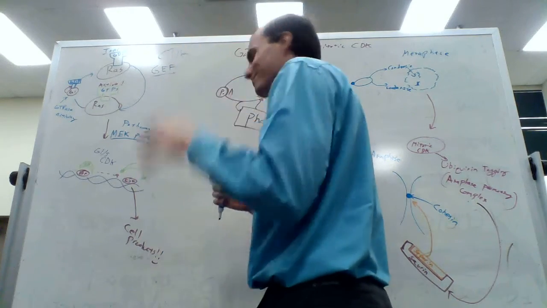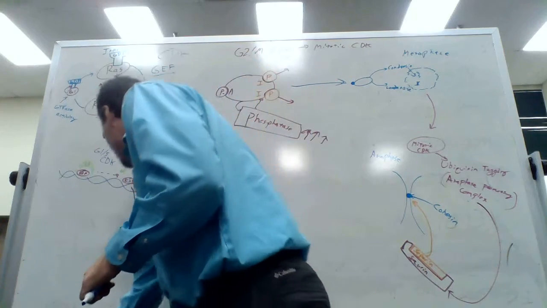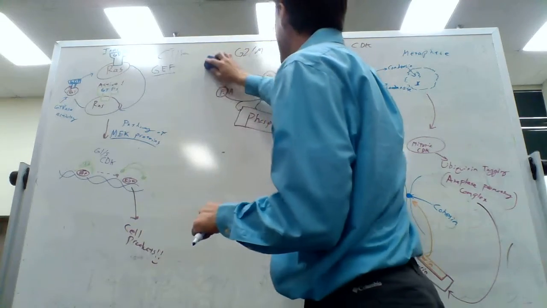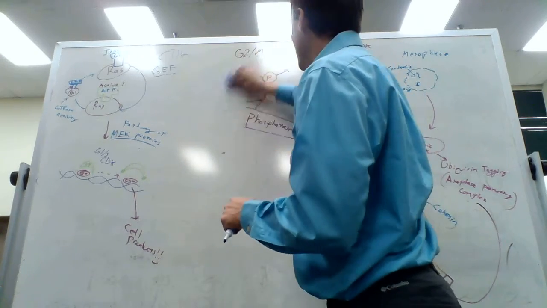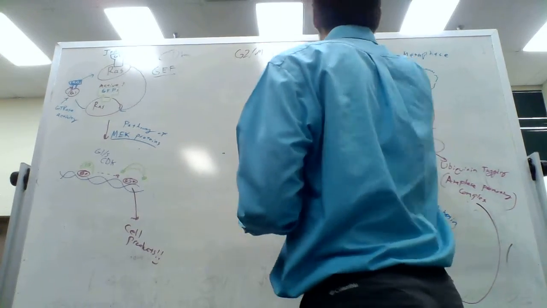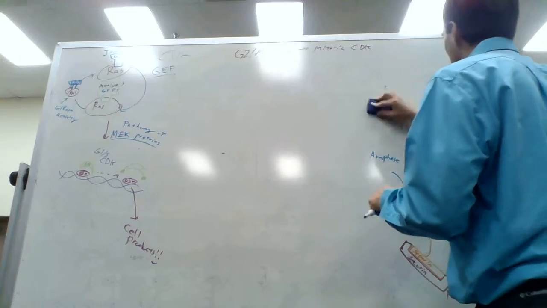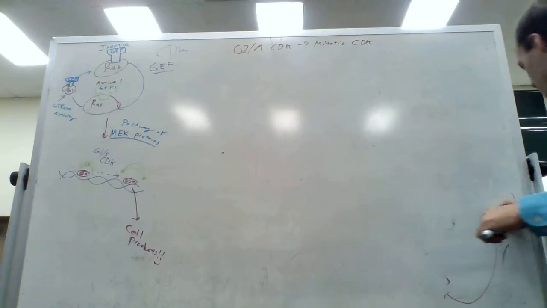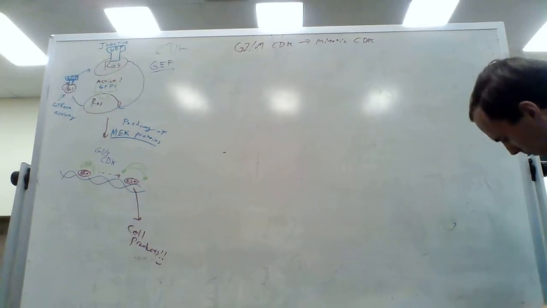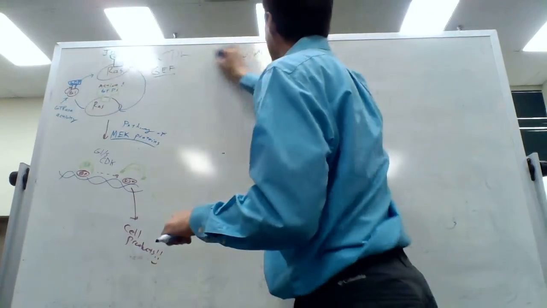Welcome, Pedro. Next, we're going to go ahead and talk about the P21 family. I'm going to erase this so I can get a little bit of room. The P21 family is a family of inhibitor proteins.